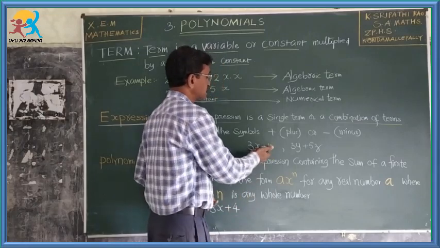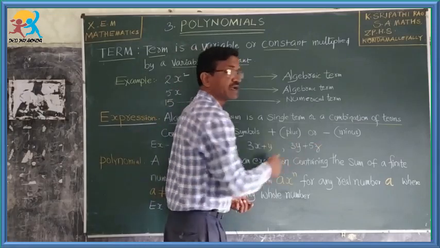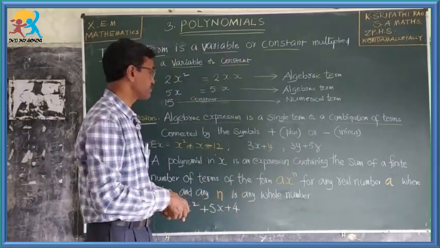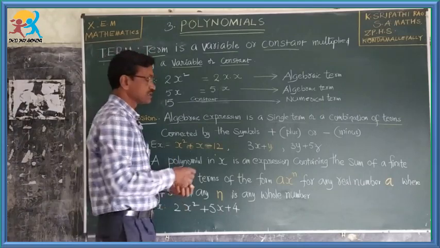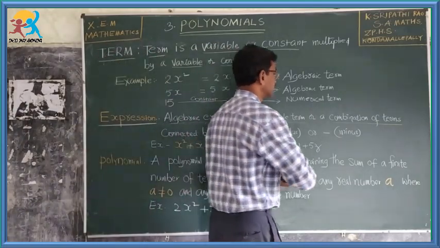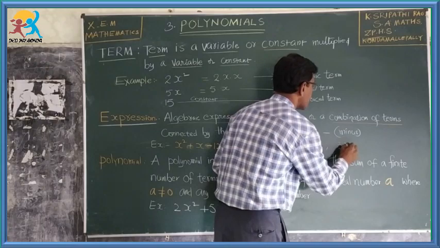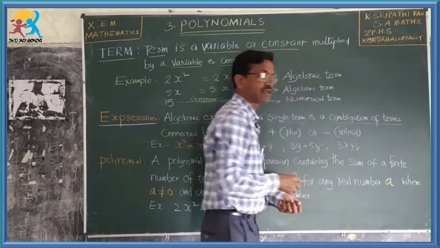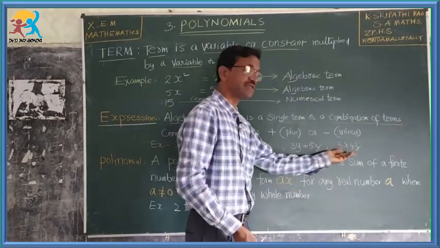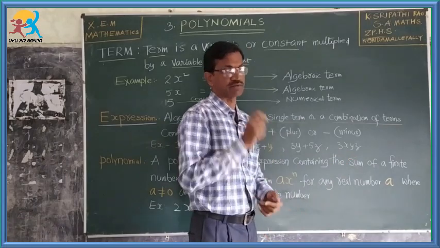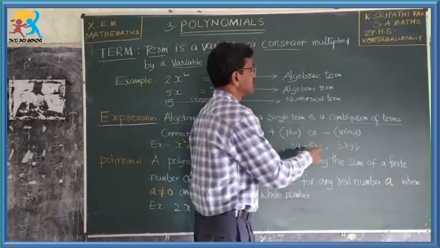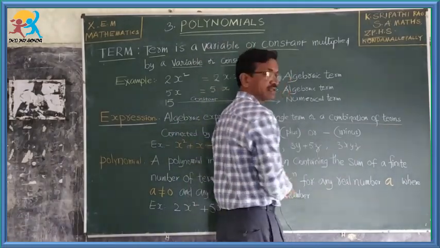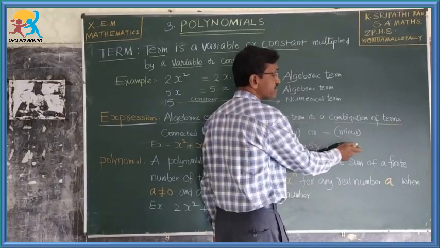In algebraic expressions, variables may be different variables, no need to be the same variable. Sometimes a term 3xyz is given. How many terms are here? Only one term, because they are connected with only the multiplication symbol. There is no plus, there is no minus.